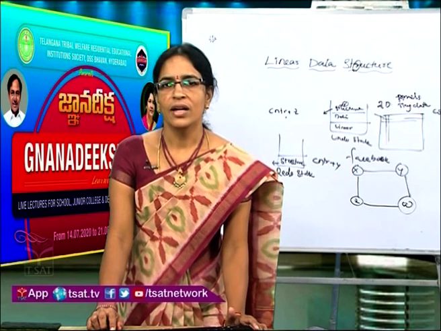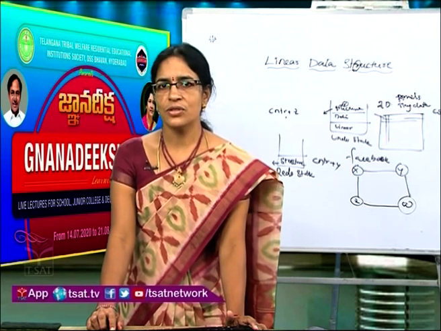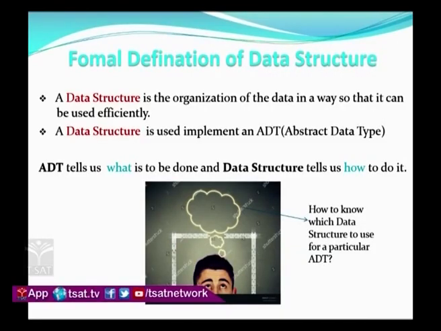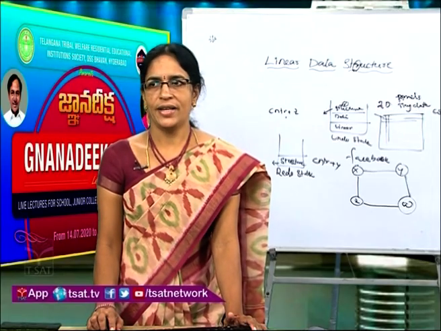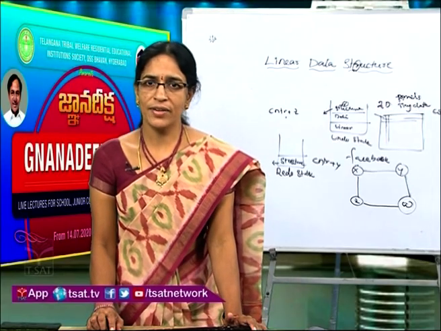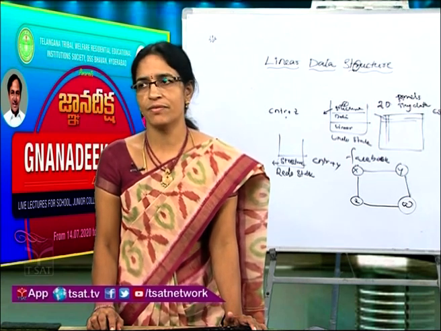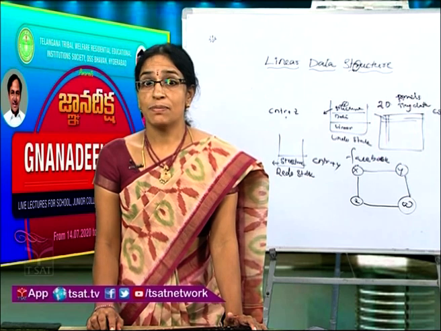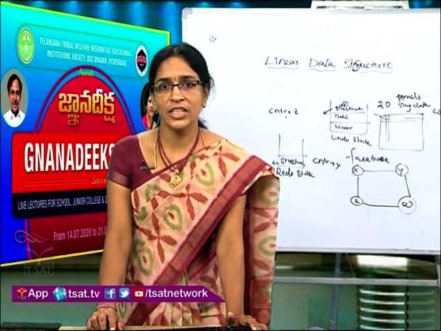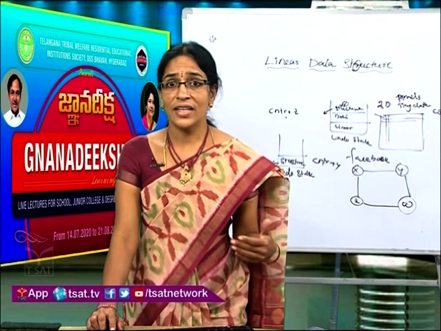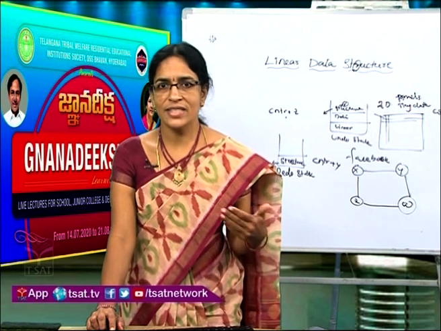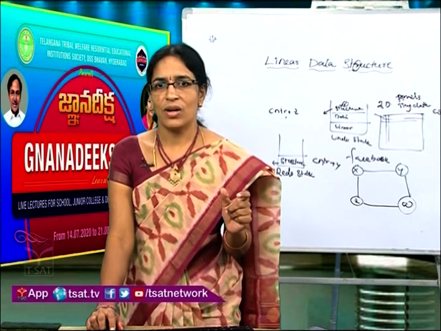Now, a data structure is used to implement an ADT. The ADT is nothing but an abstract data type. What is an abstract data type? An abstract data type is a user defined data type that contains some operations, and these operations are performed on some values without specifying the functionality, that is, what is done inside the function or method.